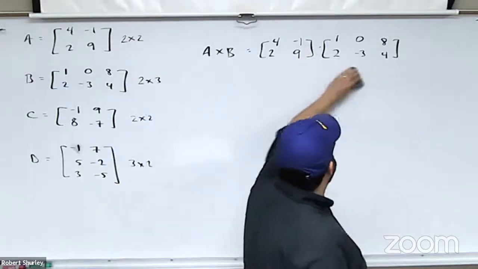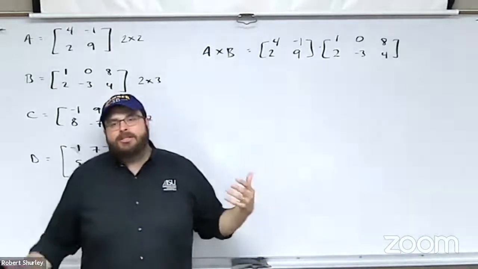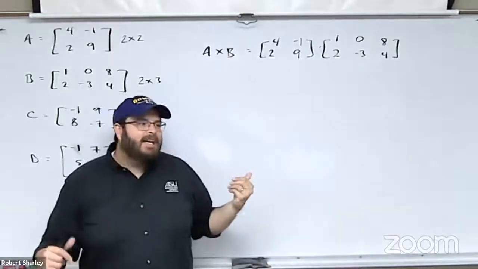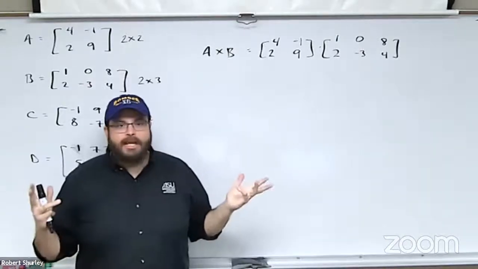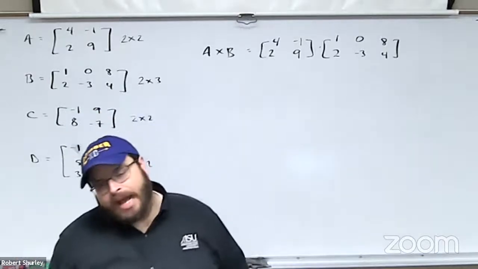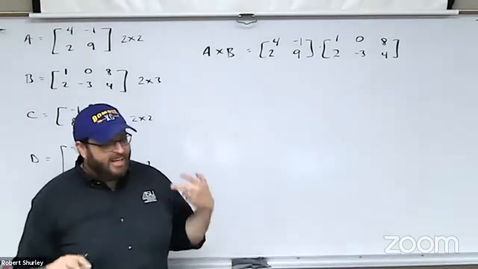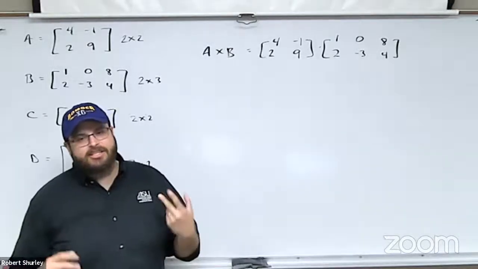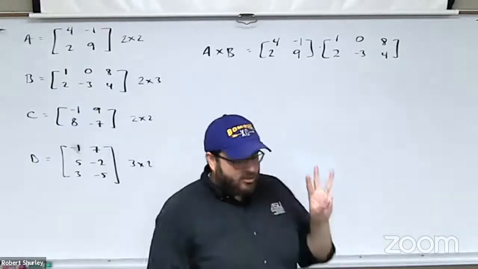So I'm going to erase this. And this process that I'm about to do, I love doing kind of goofy memorization tactics or strategies. And this one, I always think of going to Sonic and getting cheese sticks and the sauce for cheese sticks. For this one, I need 3 sauces.